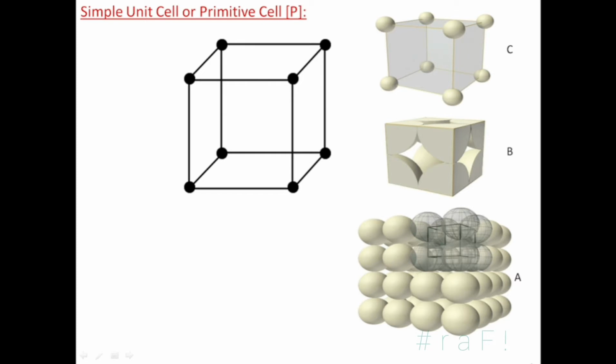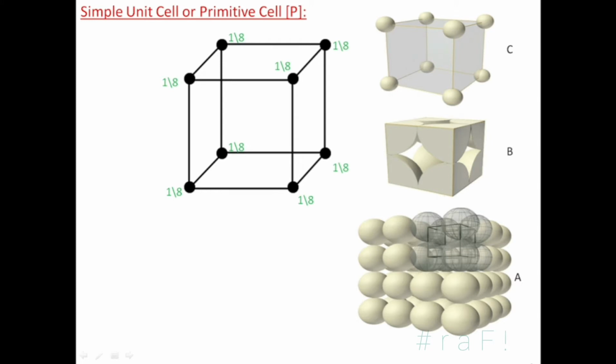In this figure, each small sphere shown at all the 8 corners actually represents the center of the particle or sphere and not its actual size. At the corners, you can see 1/8 atom present in the unit cell, and the remaining part of the atom is shared with the surrounding unit cells.